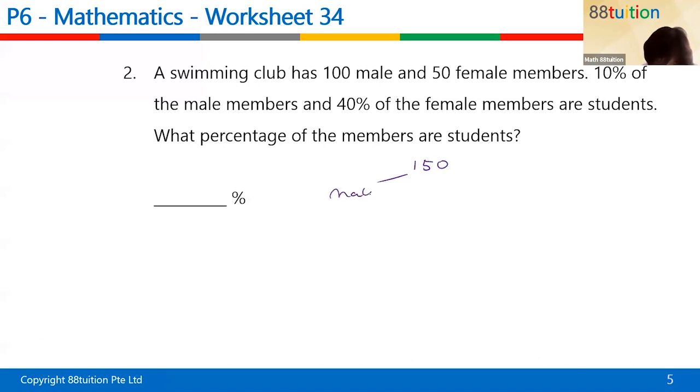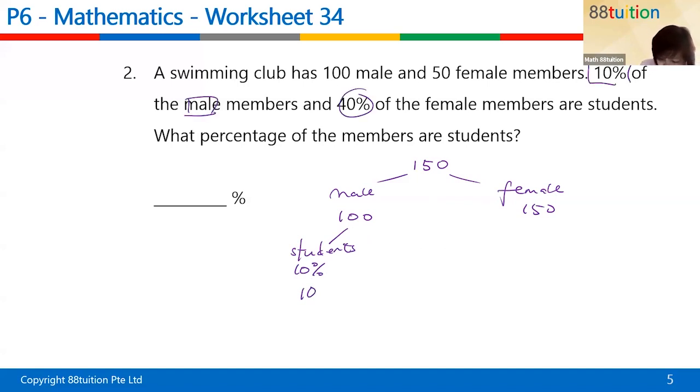So we have male, we have female. 10% of the male, which is only 10 of them, we call them students, which is 10. 40% of the female, we call them students, and this is 40%.